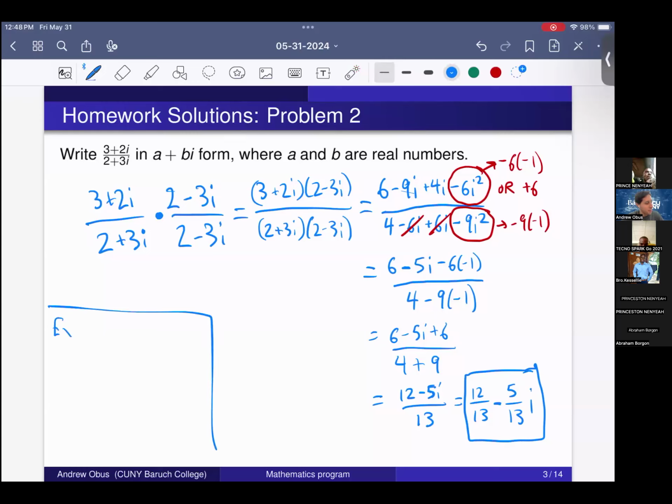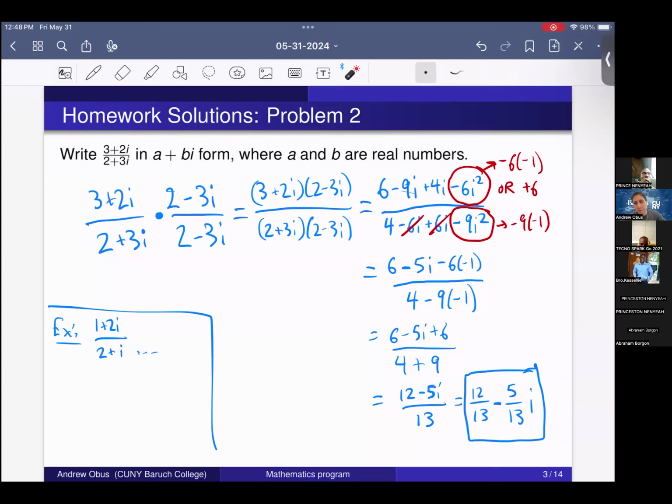As another example to try on your own: what happens if you do 1 plus 2i divided by 2 plus i? I don't remember exactly what the answer is offhand, but it will also give you something where the denominator looks like a hypotenuse and the other two numbers look like the legs.